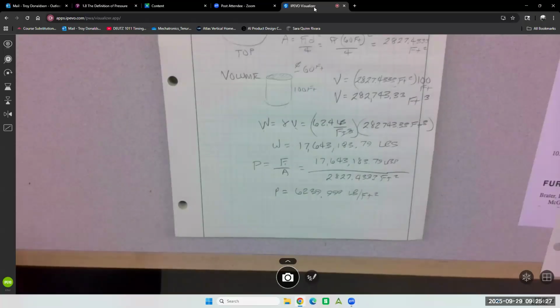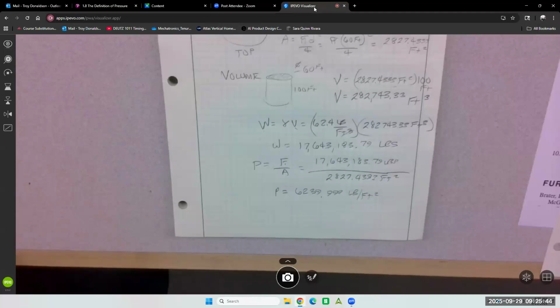Yep. 6,239 pounds per foot squared. Right? That's this weight of water over its basically its footprint. How much it's in contact with the soil.